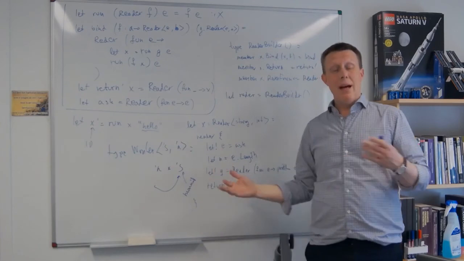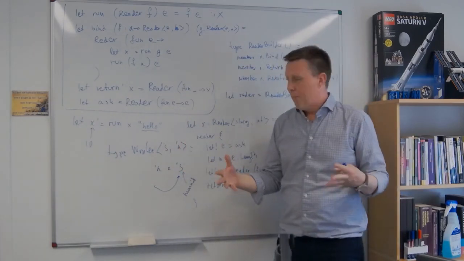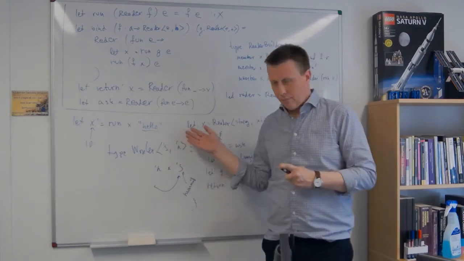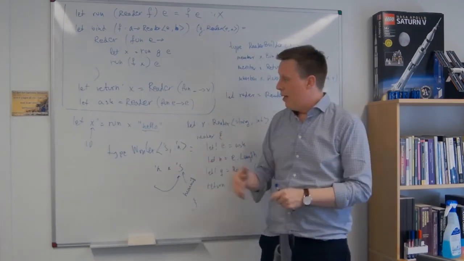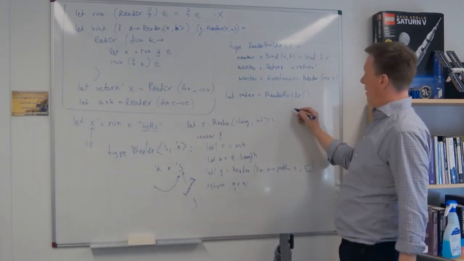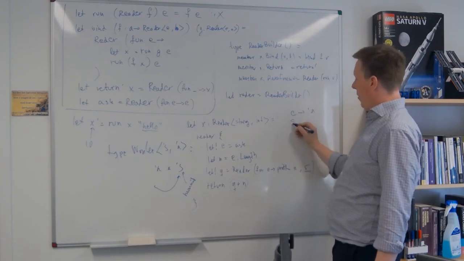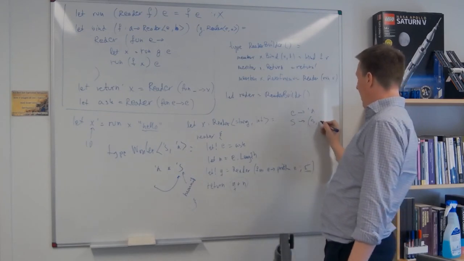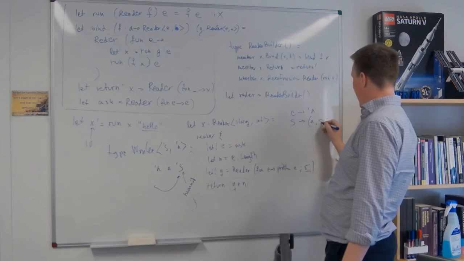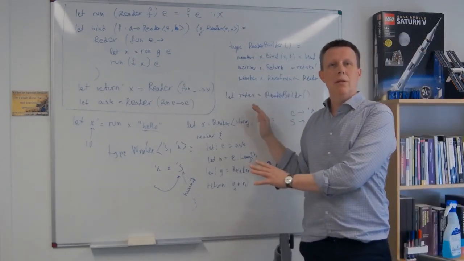So then you can read and write, and of course then you can combine the reader and the writer into one thing, and then you get to the state monad, which basically is, we used to have E to A, and instead we're now going to have an S to A and S. So there's more to explore.